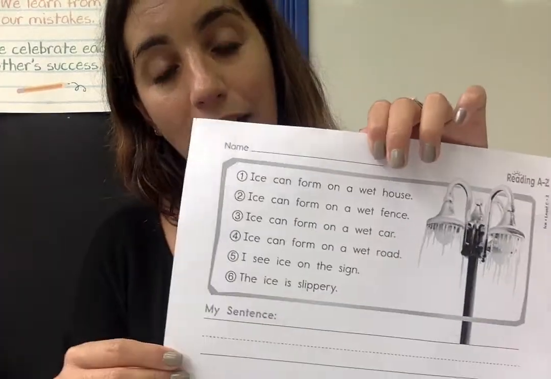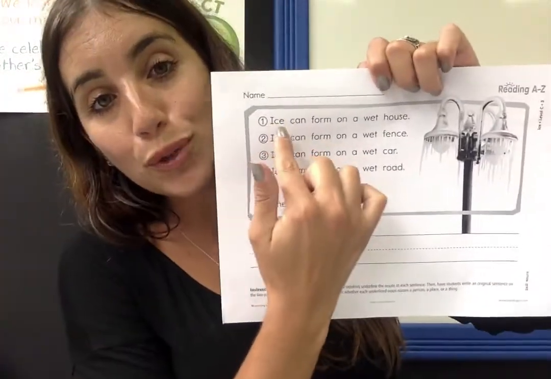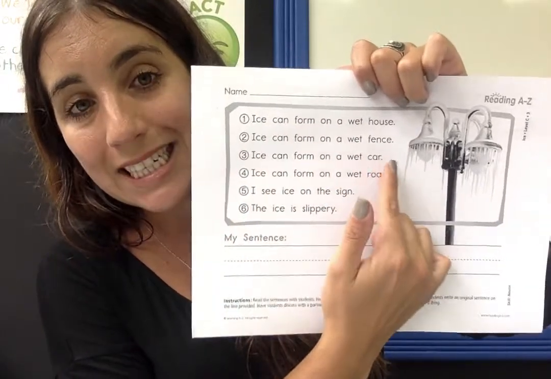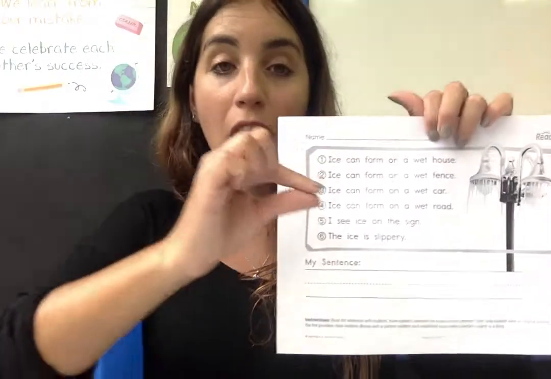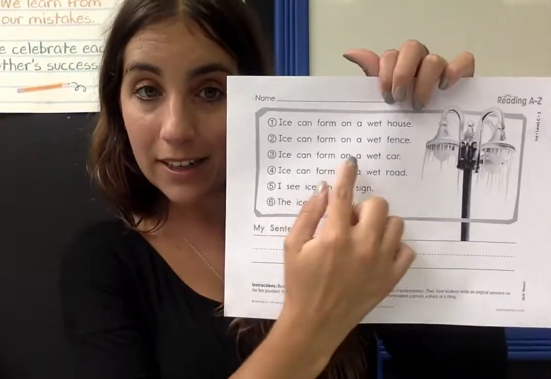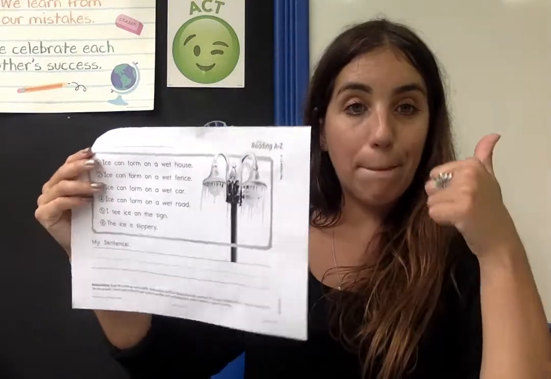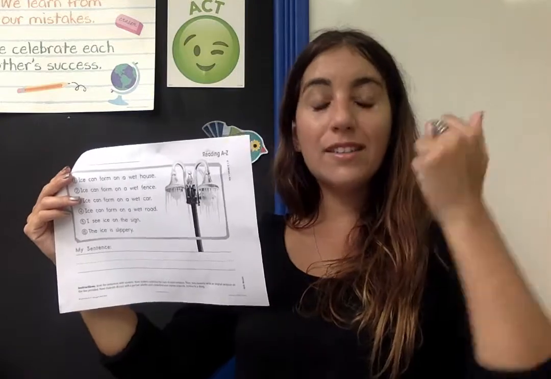On the other side, you're going to read these sentences here. You're going to read them. And then you are going to underline, bota uma linha, underline the nouns. Remember that a noun, substantivo, is a person, is a place, lugar, or is a thing, uma coisa. Uma pessoa, um lugar, uma coisa, substantivo.